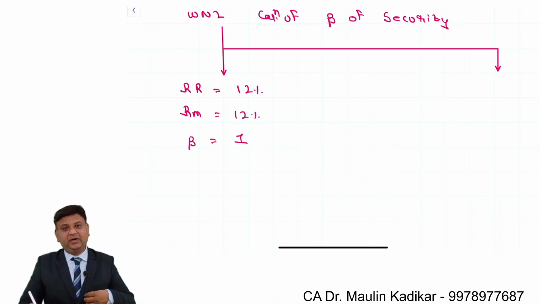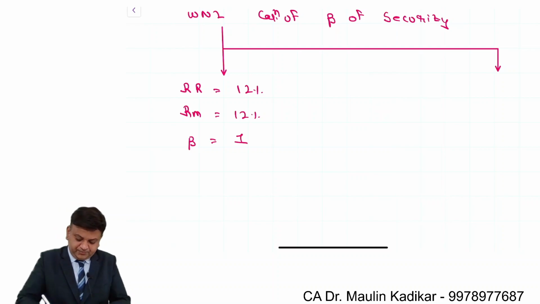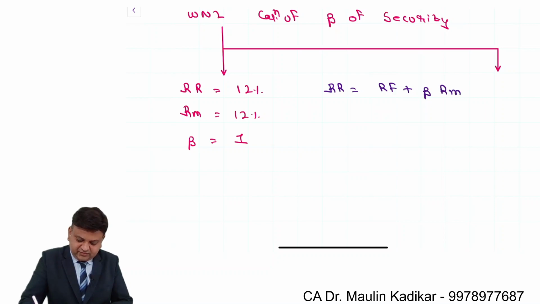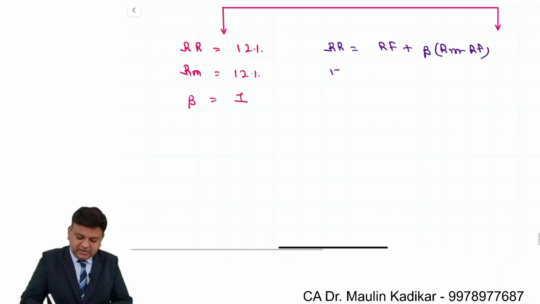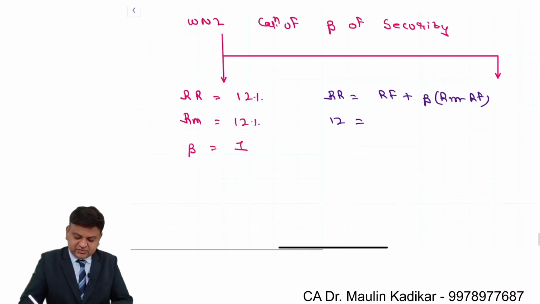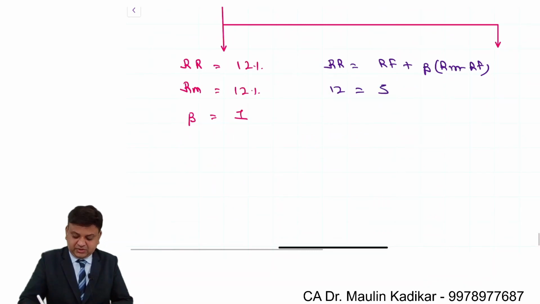That is the reason we go logically: the required rate of return is equal to RF plus beta into (RM minus RF). The required rate of return is given to us in the question as 12%. Risk-free rate of return is 5%. What is beta? We do not know.